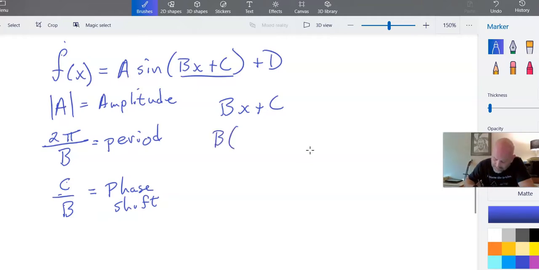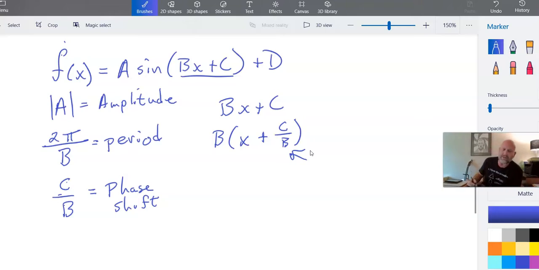If I factor out a b, it's b times x, gives me bx. And then if I want to get c back, I have to have c over b here. And that's your phase shift, right? That's the guy, depending on if it's positive or negative. If it's negative, it moves to the right. If it's positive, it moves to the left.